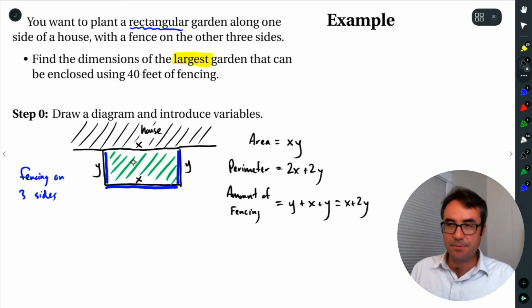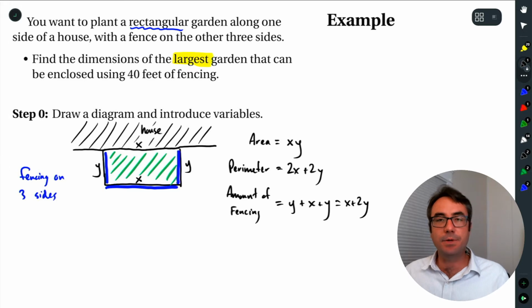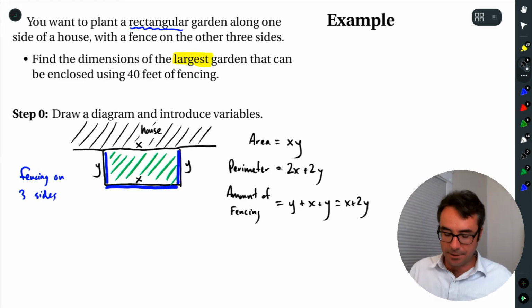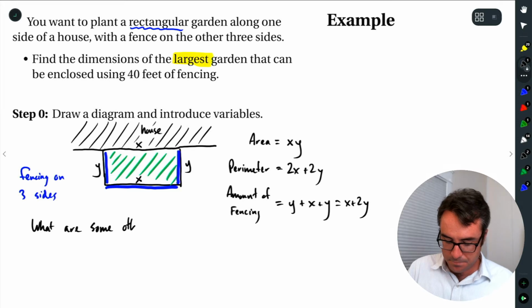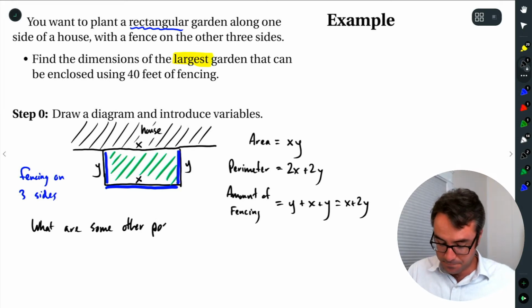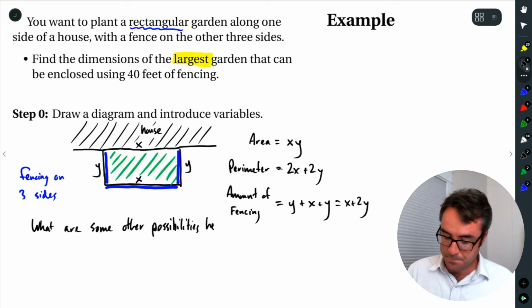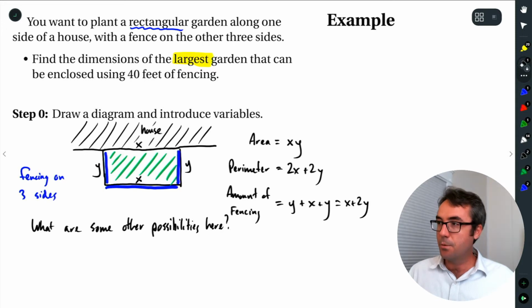But just to take a step back before we jump into all the calculus and everything, what are some other possibilities here? Well, I might have a really thin garden.